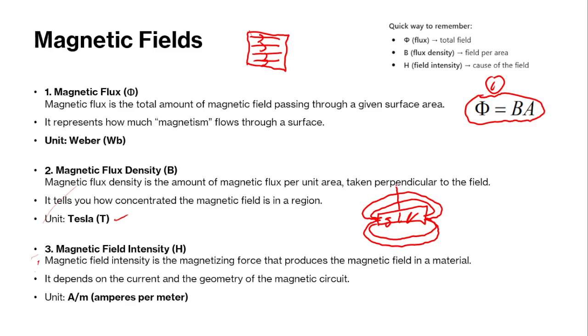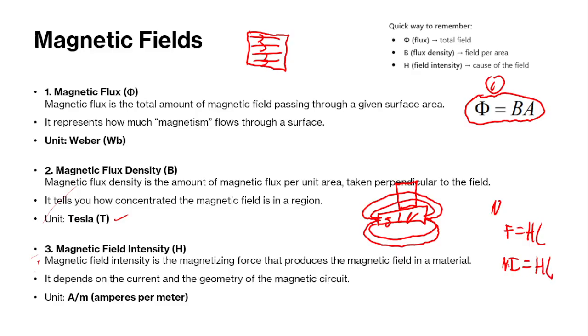If you zoom in on one piece, the strength or thickness of the flux there is basically how intense the magnetic field is. It depends on the current and the geometry of the material, because we have an equation: F is equal to HL, and we know F is Ni.